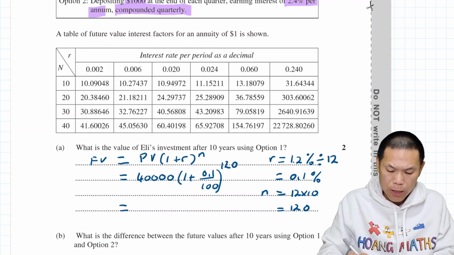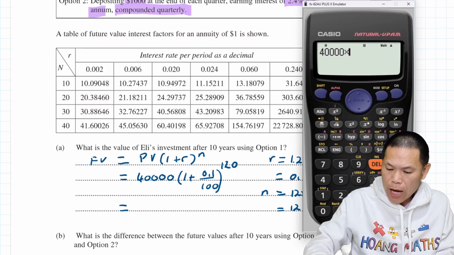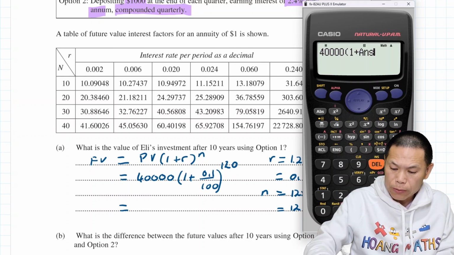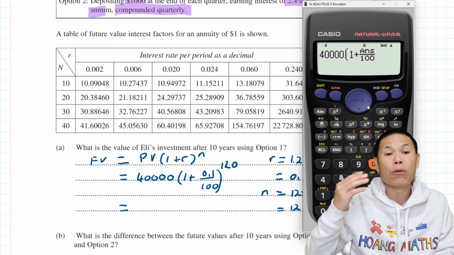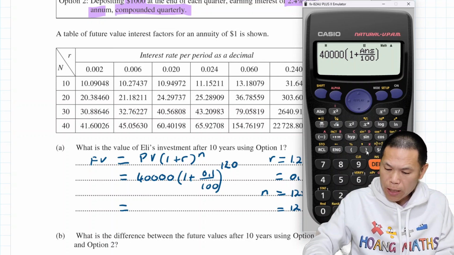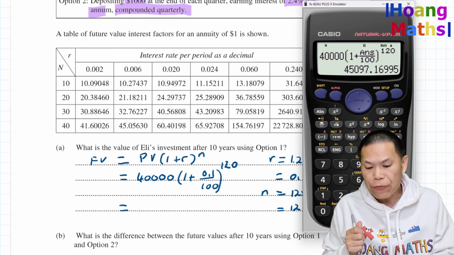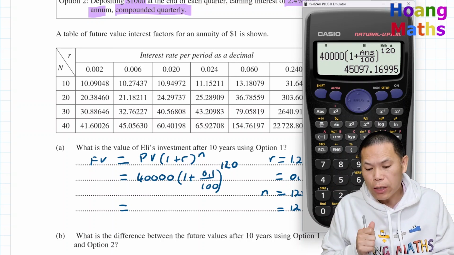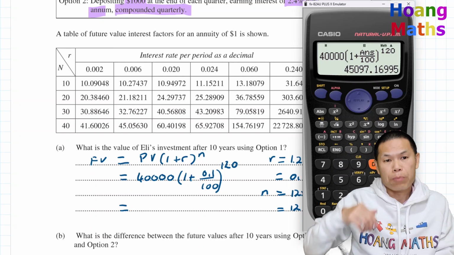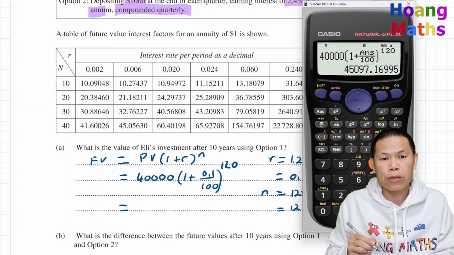So 40,000 times bracket 1 plus answer over 100, because the answer is 0.1, keep that in mind, and then to the power of 120. So there you go, $45,097.17. Because with money, we round to 2 decimal places.